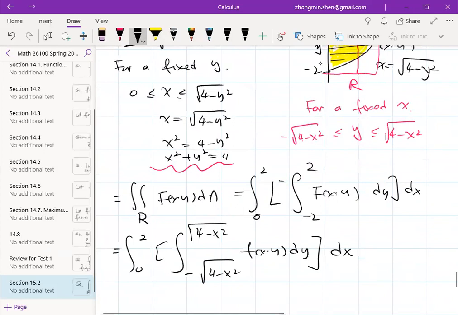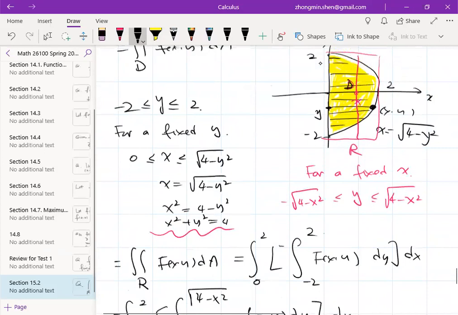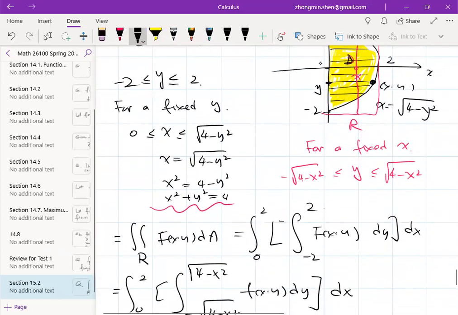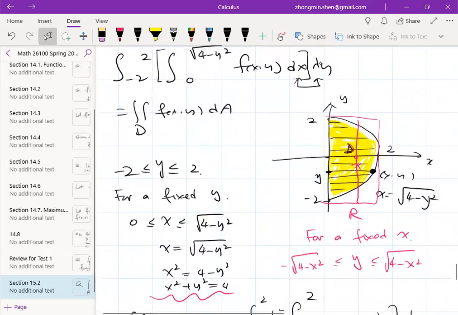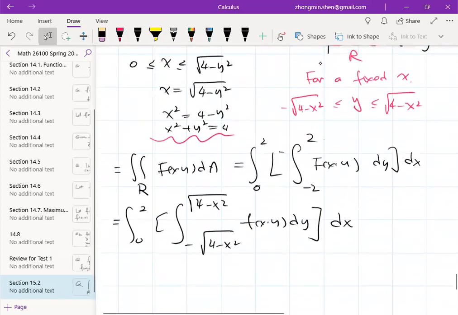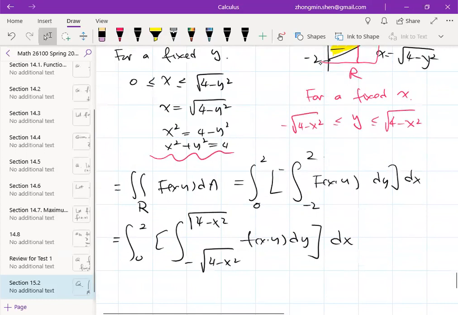There's no unique formula you can memorize. You have to understand how to describe the domain. The domain is not given directly, it's given implicitly. It's hidden in the iterated integrals. You have to understand how to get the iterated integrals, then you can understand how we get to the domain. Yeah, then you get a domain.